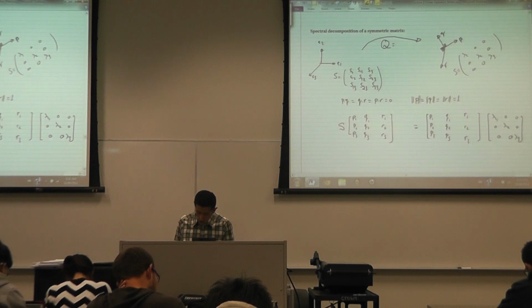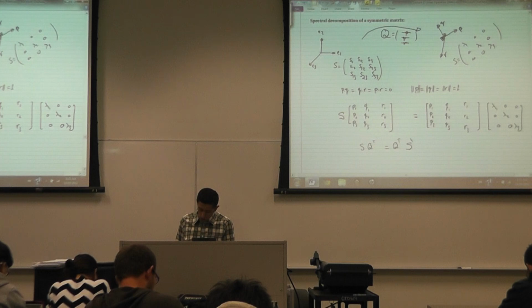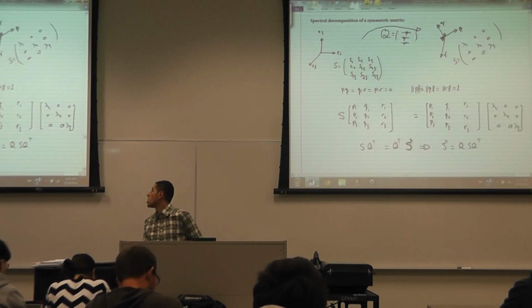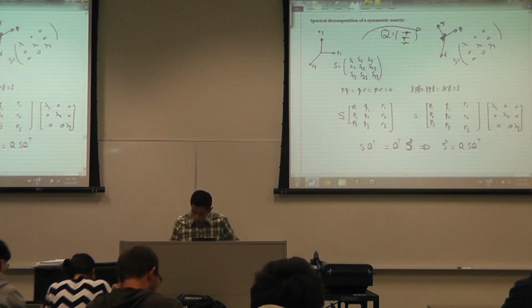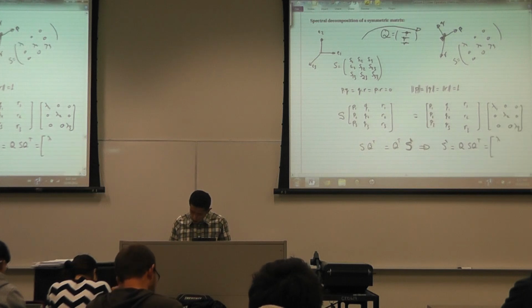If I consider Q to be made out of P, Q, and R, then S prime is equal to Q S Q transpose, which shows that S prime is equal to this matrix: lambda 1, 0, 0, 0, lambda 2, 0, and so on.